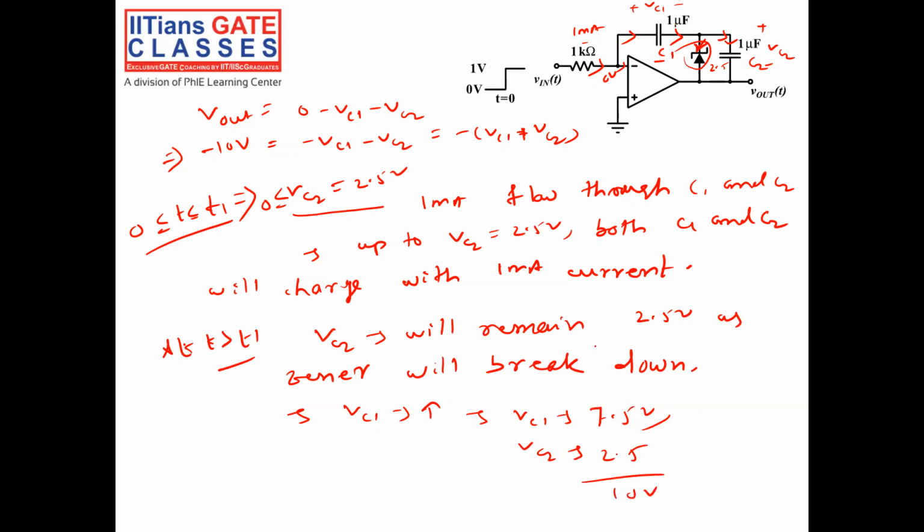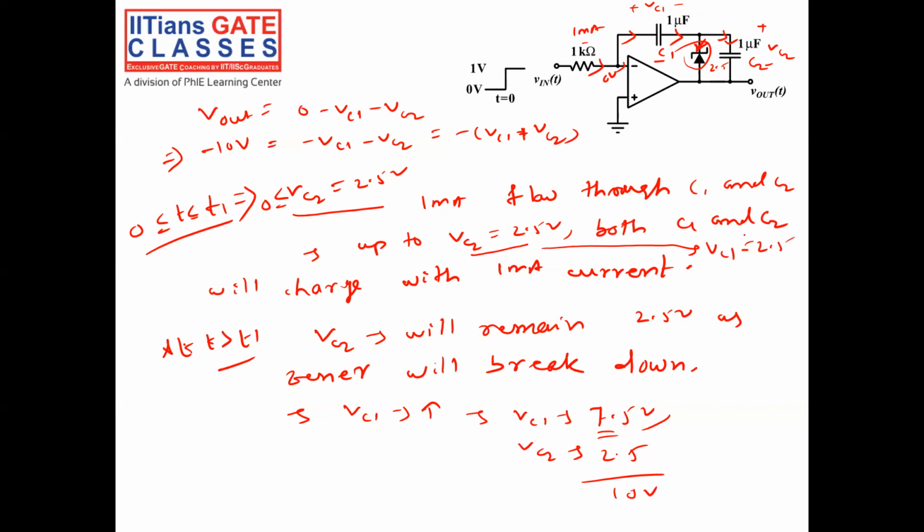So we have to calculate at what point my VC1 will reach 7.5 volt, because when VC1 reaches 7.5 volt, VC2 is already 2.5 volt, charged from 0 to T1 only. From 0 to T1, VC2 will charge to 2.5 volt, and at the same time VC1 also 2.5 volt, because the same 1 milliampere current is flowing.